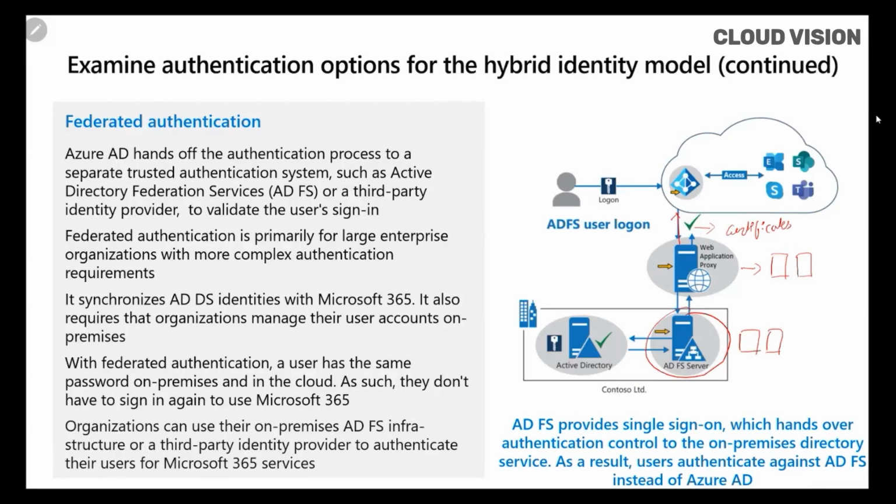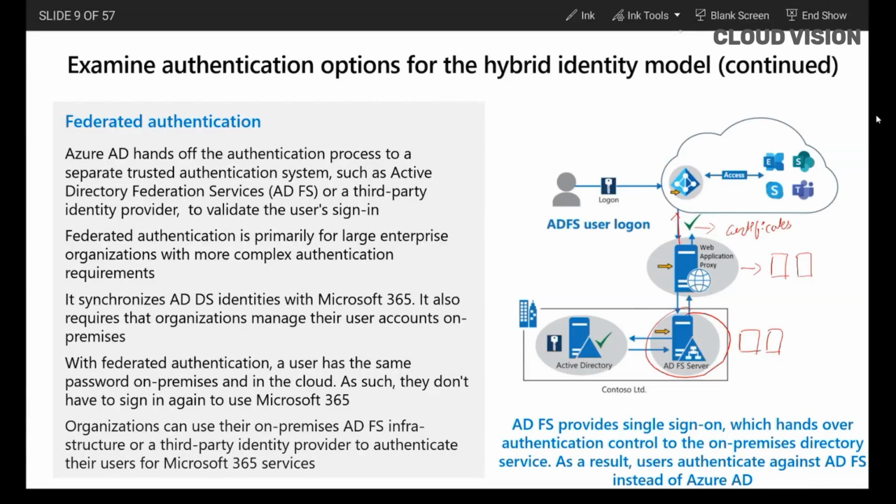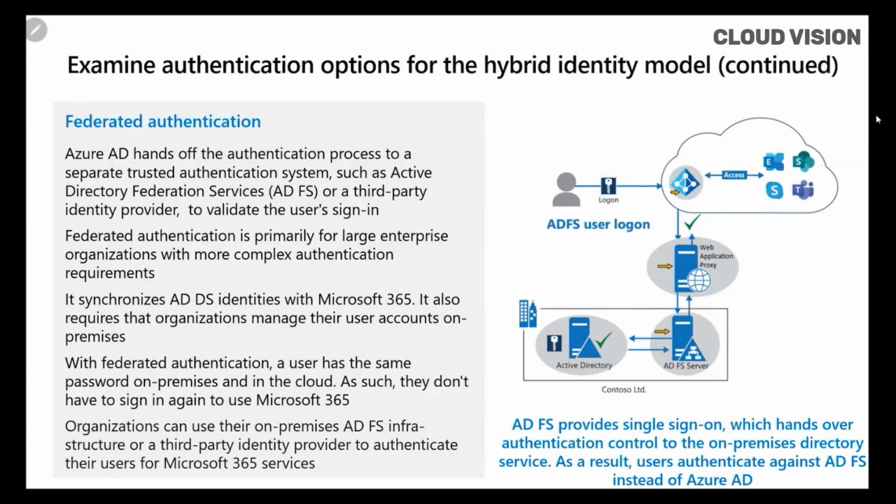So now in this, basically what will happen is if a user tries to log in to any Microsoft 365 service, the authentication request will go to Azure Active Directory. Azure Active Directory will check whether they are responsible for performing authentication for that domain. Once they understand they are not responsible for performing authentication, they will relay this request back to your web application proxy servers.